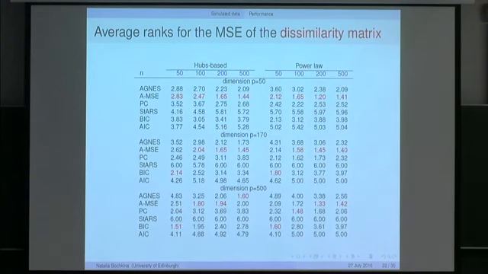However, if you look at the mean square of the dissimilarity matrix or the graph correlation, so when you look at second order connectivity on the shared neighbors, then the picture is rather different. It's interesting that for small n, BIC did quite well. But once n is a bit larger, the augmented mean square, where we start with a clustering method and then adjust for possible connections, does best.